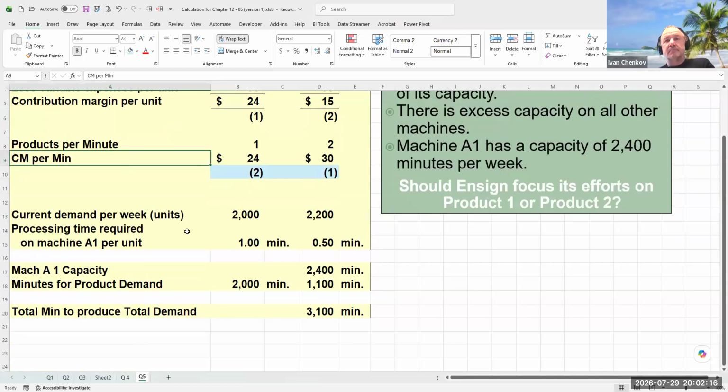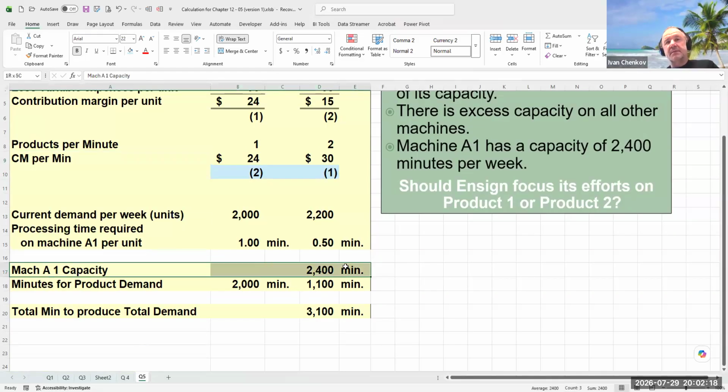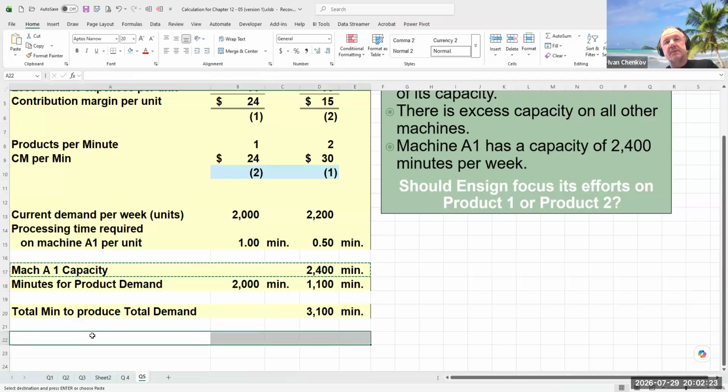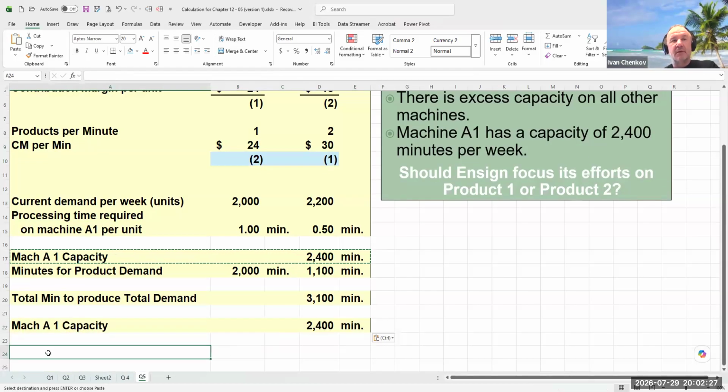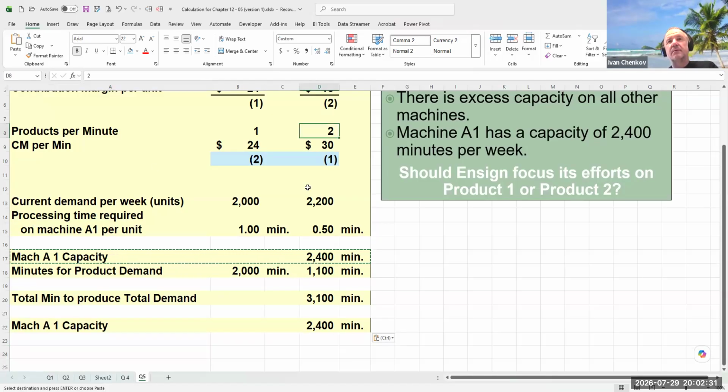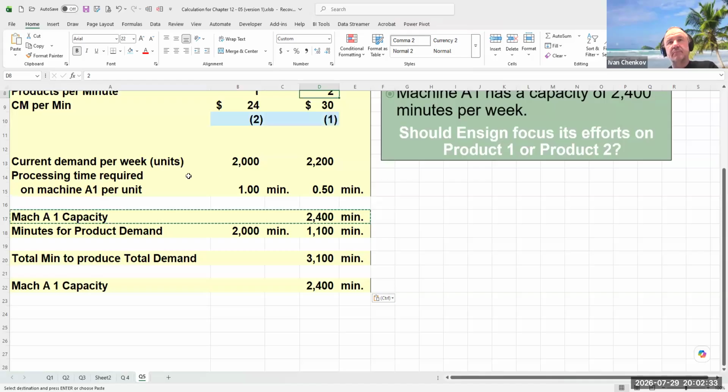So what shall we do? Obviously, I have my capacity. My capacity is 2,400 minutes. First, I'm going to focus my entire capacity on product two.